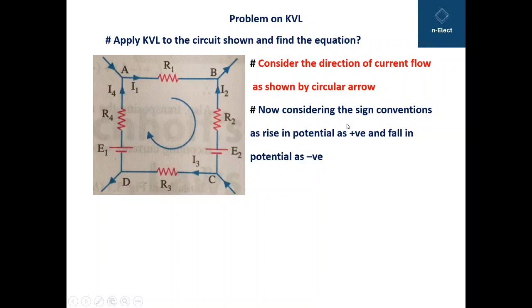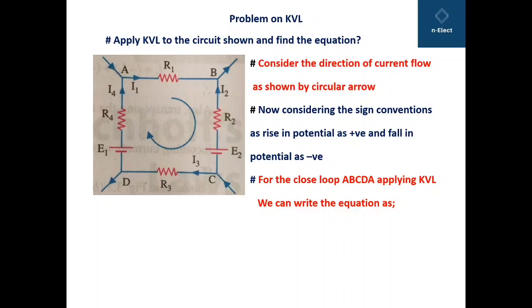Considering the sign convention of rise in voltage as positive and fall in voltage as negative, as we have just seen, for the closed loop A, B, C, D, A, applying KVL we can write the equation like this.